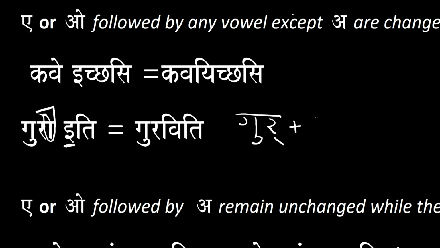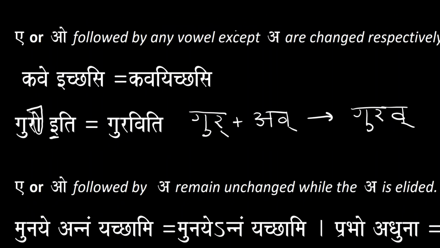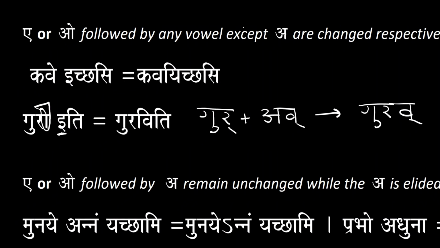This o is going to turn into an av. And then we're going to end up with gurav. Gur plus av is going to give you gurav. And then the gurav and the iti is going to combine, and you're going to get gurav iti. When you're combining, this i is going to turn into the vowel sign, and you're going to get guravíti.